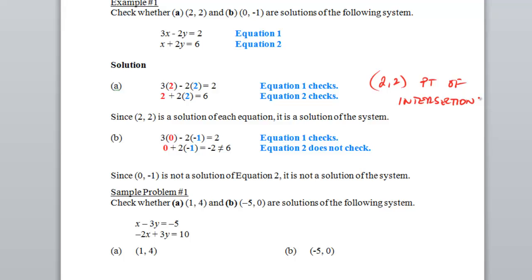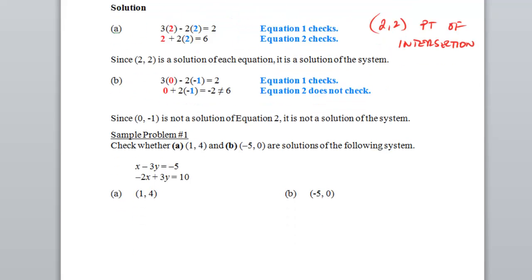In part B, we took 0, negative 1 and plugged it in, and you can see that it fits for one of them. It is a true statement for equation 1, which means that it is a point on that particular line. It is just not a point on both lines because it doesn't check for the second equation. Just because it works for one doesn't mean it's a solution to the system.